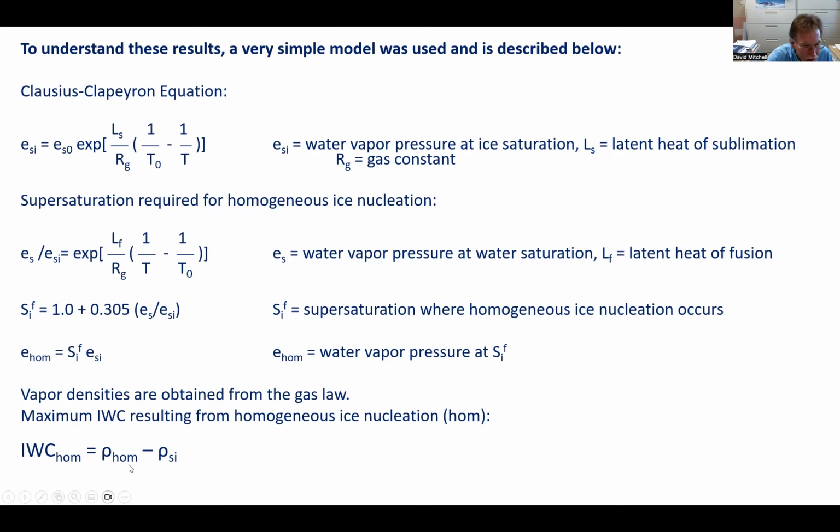And you take the difference of those two, and you get an approximate value anyway for the ice water content. So that would occur for homogeneous ice nucleation at the time of nucleation.